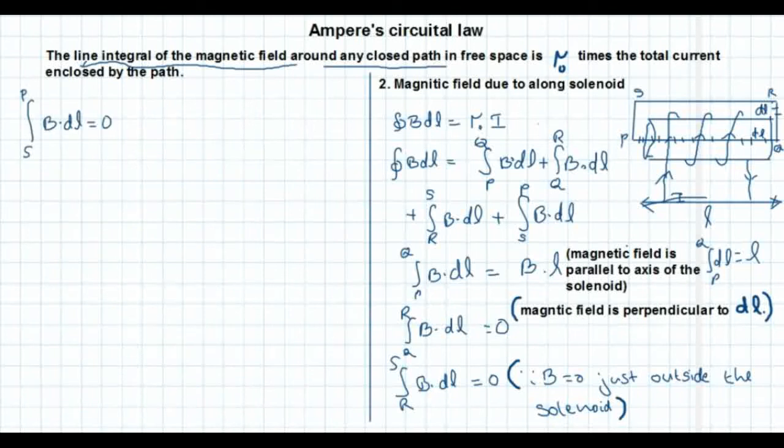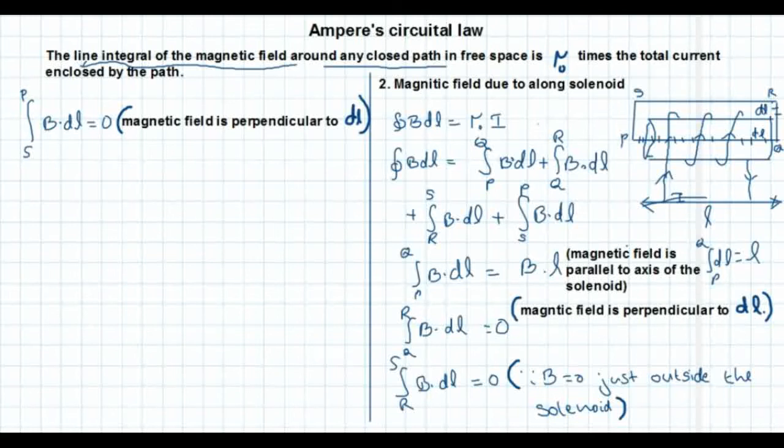Then the last part, integral B dl from P to S. In this case again, this is the side PS, therefore dl will be here. Also in this case, B, the magnetic field, and the distance dl will be perpendicular. So B dl cos 90 will be 0.